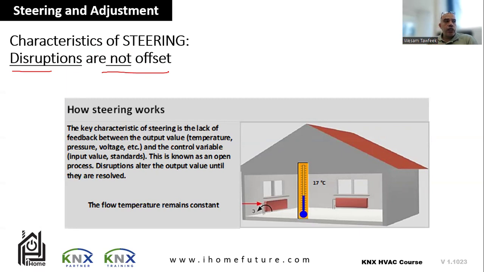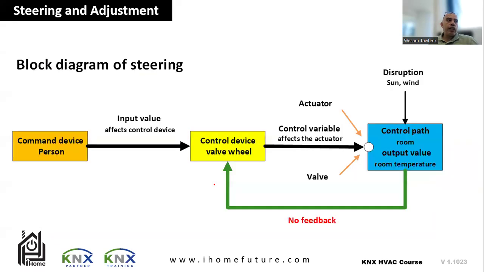The key characteristic of steering is the lack of feedback between the output value, in our case temperature, pressure, maybe voltage, and the control variable, the input value. This is known as an open process. So steering is based on an open process where disruptions alter the output value until they are resolved. The flow temperature remains constant. This is the steering.